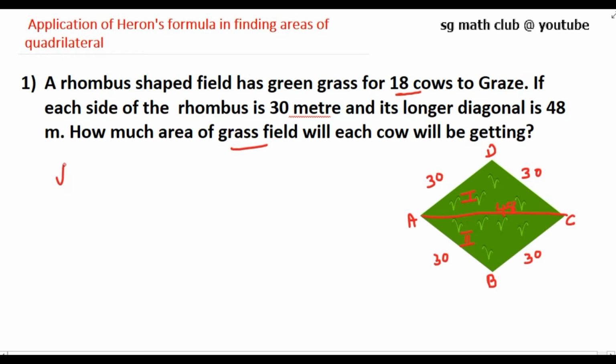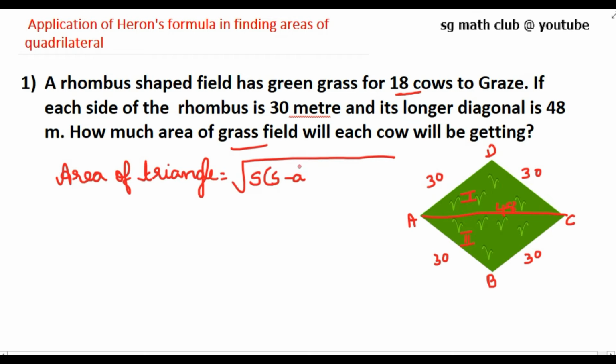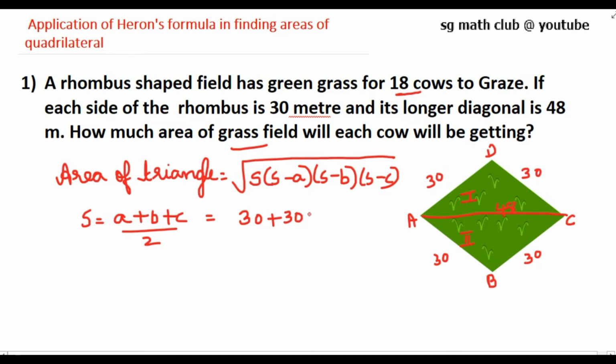So first, area of the triangle by Heron's formula, we can write square root of S into S minus A into S minus B into S minus C. Here S is equal to A plus B plus C divided by 2, the semi-perimeter. So two sides are 30 and the diagonal they have given as 48, divided by 2.